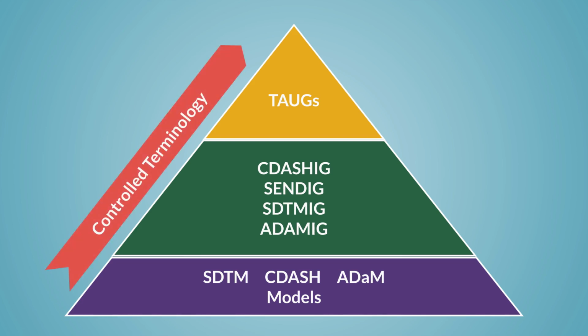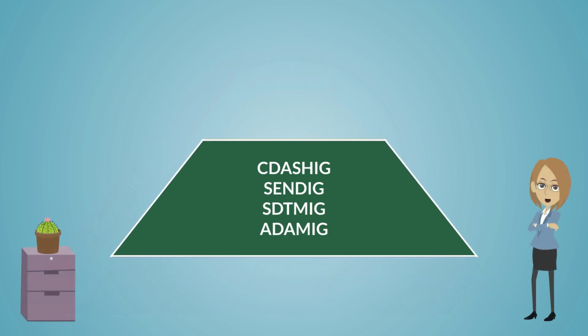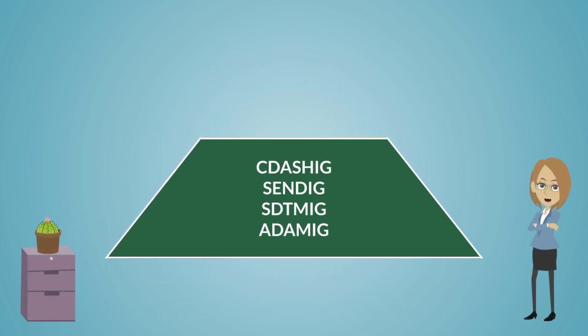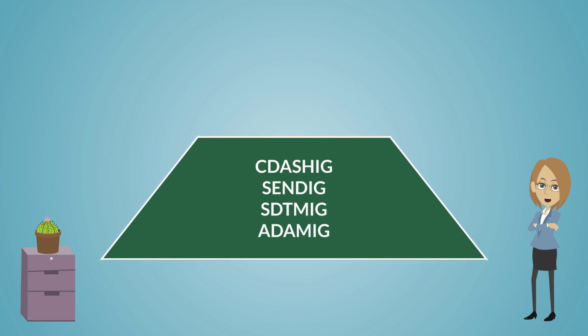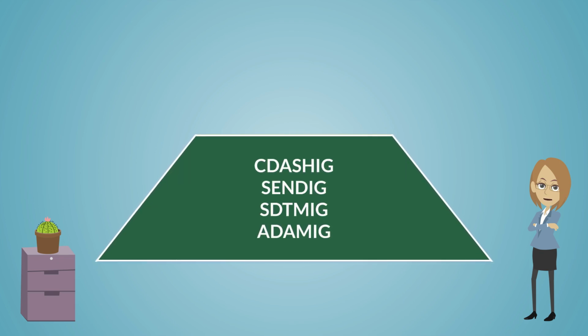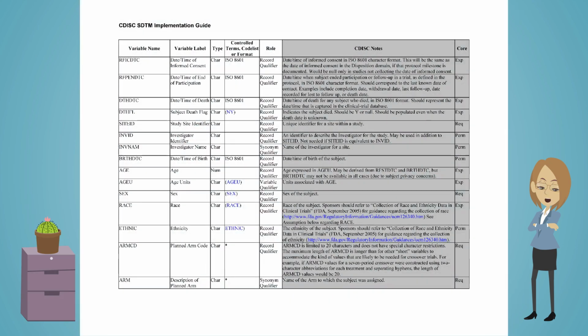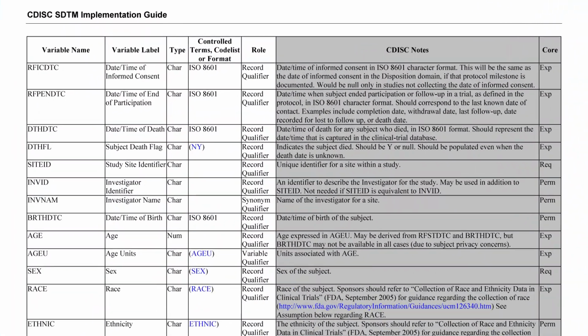and therapeutic area standards. The implementation guide for each foundational standard indicates if a variable is subject to controlled terminology. For example, in the SDTM-IG demographics domain, the column Controlled Terms, Code List or Format in the specification table will indicate if controlled terminology is available for that variable or if the variable is subject to a particular format.